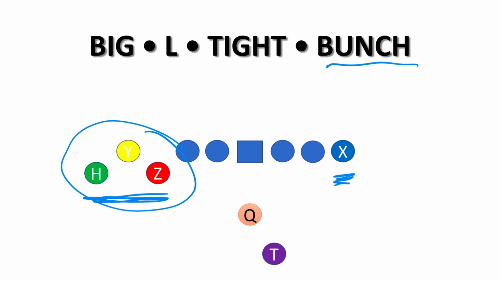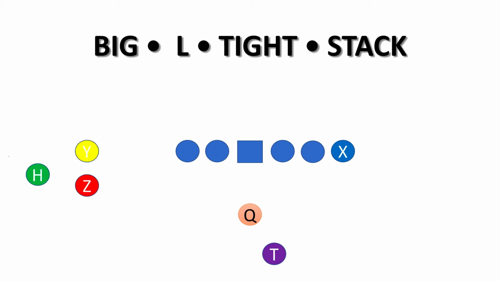And the reason we do the tight first is because it kind of all goes in at the same time anyways. So big left tight bunch. So we're going big left tight is the formation, and then bunch is the tag for the receivers. So it affects more guys, so we do that one last.